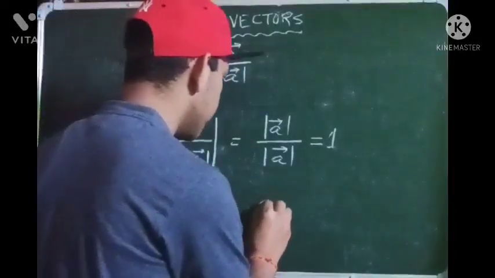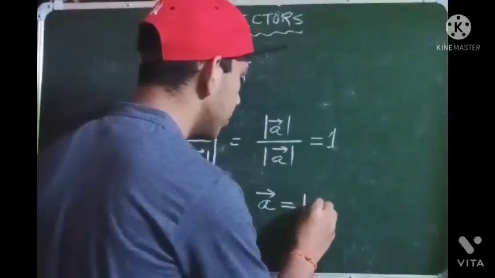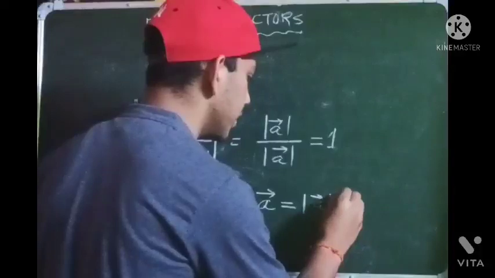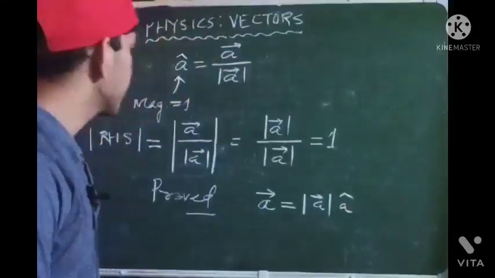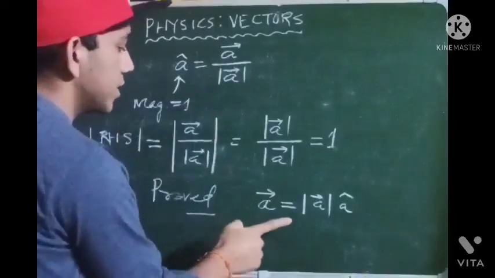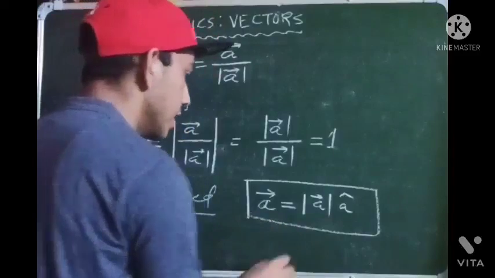Now we can denote a vector as magnitude of that vector multiplied by the unit vector along that direction. From this expression we can deduce this expression. It is also important.